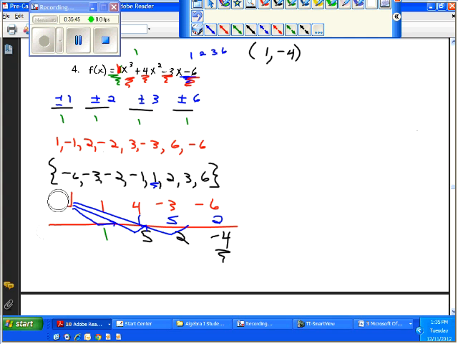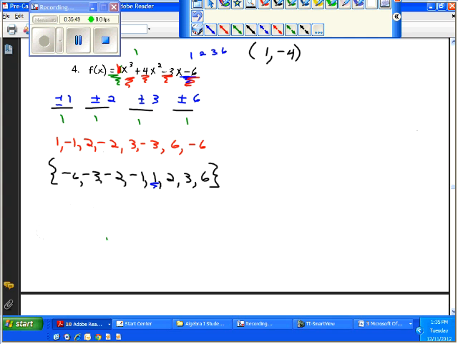So then we try another root. Our numbers were 1, 4, negative 3, negative 6. We'll try the root negative 1 this time. So we're going to bring down the 1. We're going to multiply. Negative 1 times 1 is negative 1.